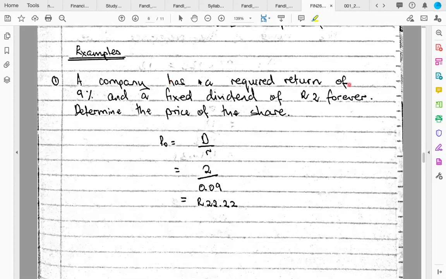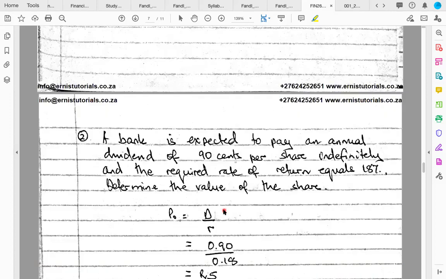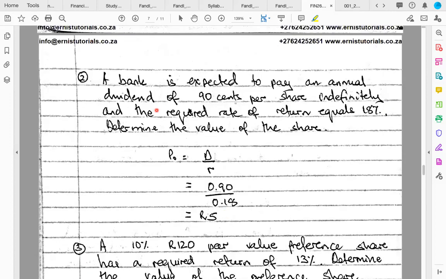A company has a required return of 9% and a fixed dividend of 2 Rand, which we anticipate they'll pay forever. Determine the price of the share. We simply take the dividend of 2 divided by 0.09, which is 9%, and we get 22.22 Rand. Here's another example.